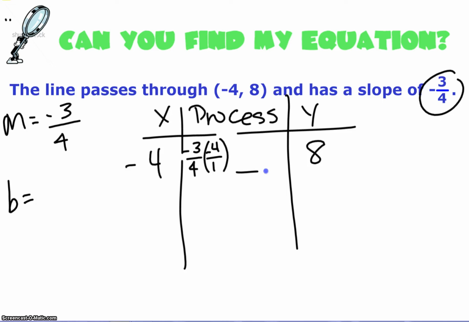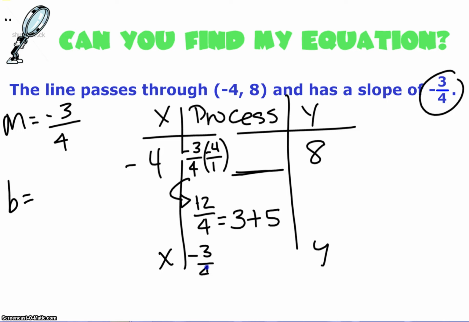And we're looking for our constant. So -3 times -4, we're going to come down here and show our work, is 12 divided by 4. So that equals 3, but I know I need to get to 8. So what am I adding? Plus 5. So our equation could be -3/4 x plus 5.